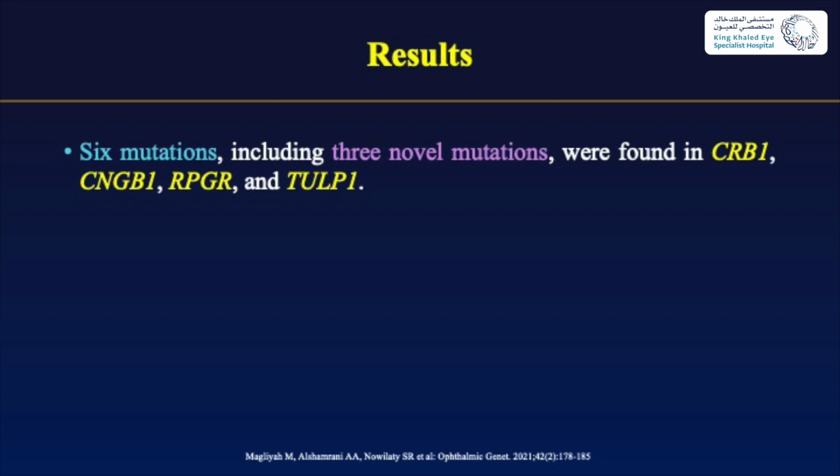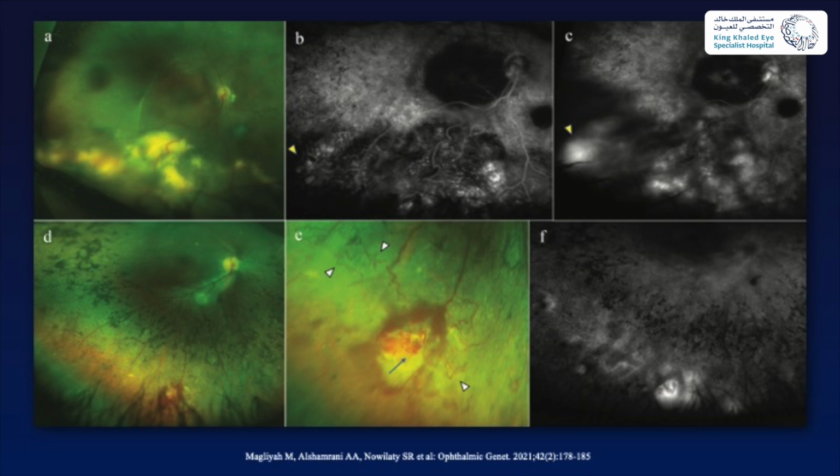Six mutations, including 3 novel mutations, were found in CRB1, CNGB1, RPGR, and TULP1. These are fundus photographs of our study patients. The upper 3 photos are for a patient with exudative retinal detachment, and inferiorly he had a vasoproliferative tumor.